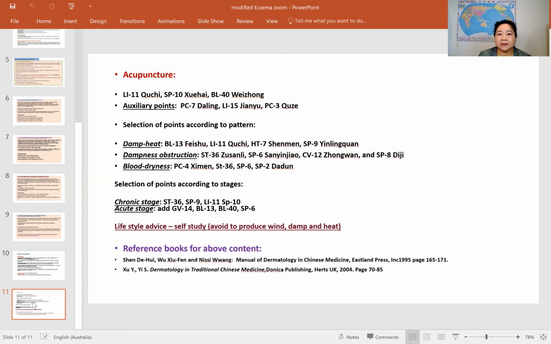So I won't repeat it because it can become really boring, but we need to tell patients to avoid producing wind damp heat inside the body, or to avoid external wind damp heat. And also factors like stress, anger, or seafood can all exacerbate the skin condition.